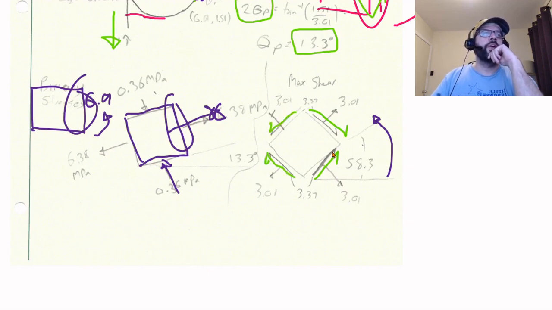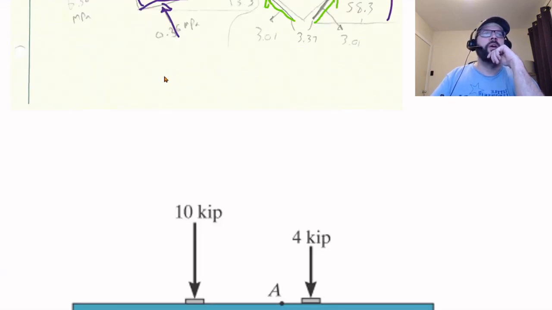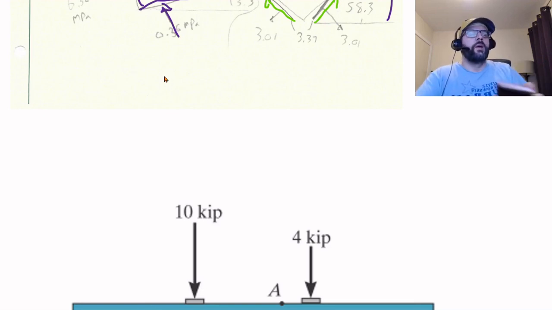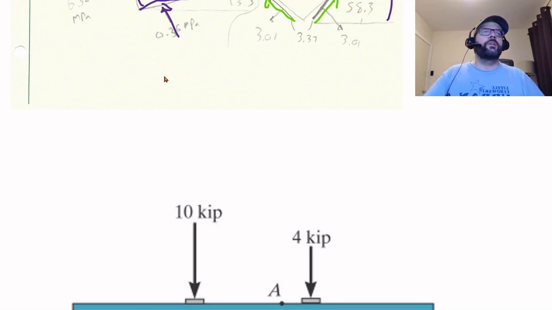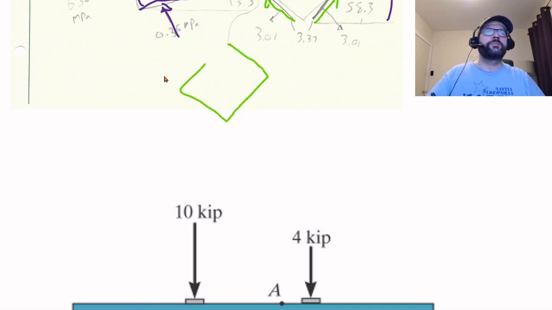An alternative way you could have done this would have been to rotate the cube, instead of 58.3 degrees counterclockwise, by 31.7 degrees counterclockwise. So again, that would get you to the same shape.